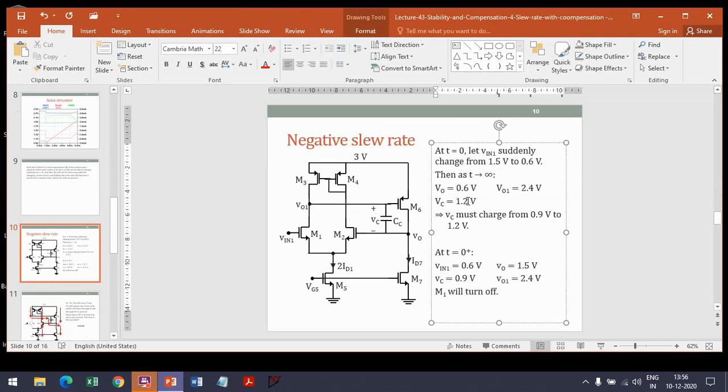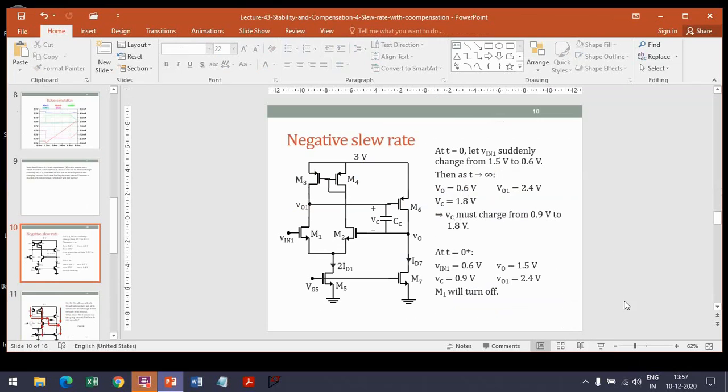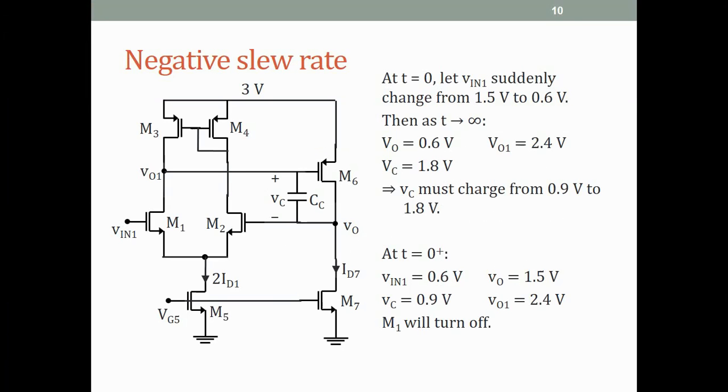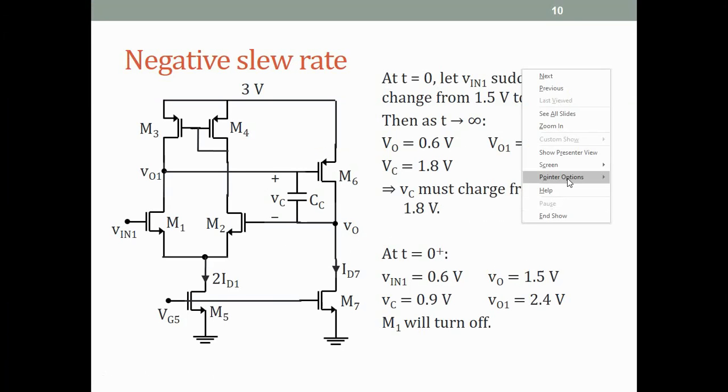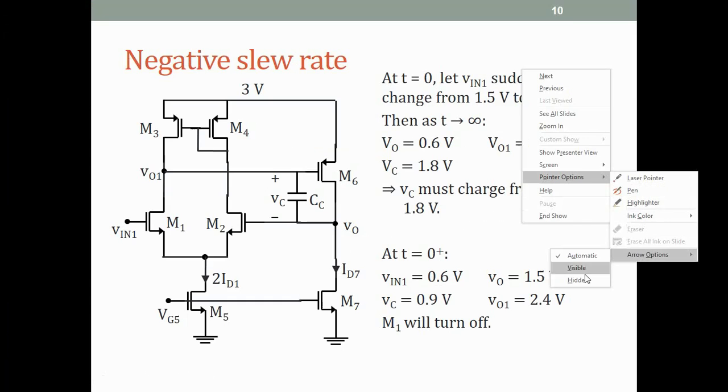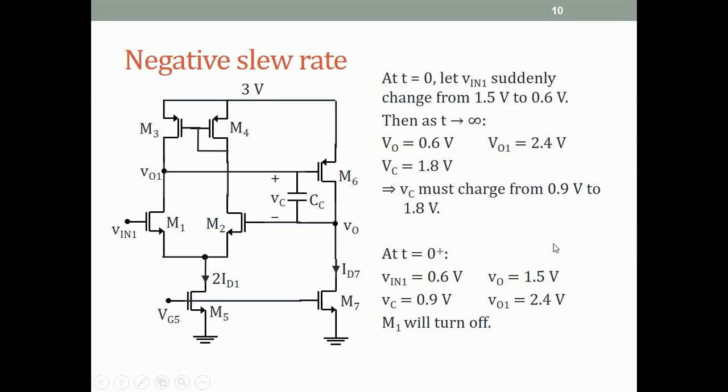It's 1.8 volts. Okay, so this is 1.8. Alright, that is a small mistake, that's okay. So VC must charge from 0.9 volts to 1.8 volts, which means that current must flow from VO1 to VO in CC.